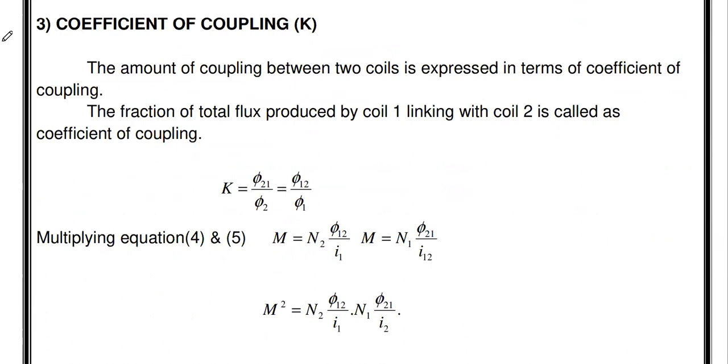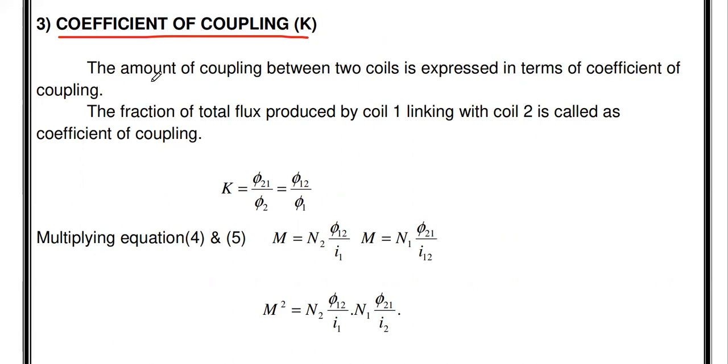And next we are going to derive the third thing, the coefficient of coupling K. The coefficient of coupling is a very important parameter in the coupled circuit. It relates the mutual inductance and self inductance. Using that formula you may get a compulsory 2-mark question, or a 2-mark problem also.